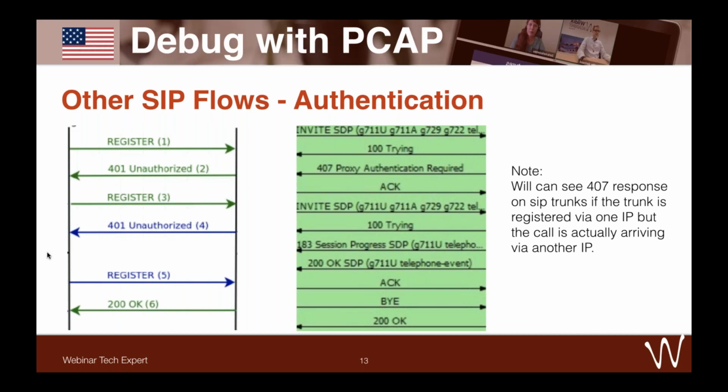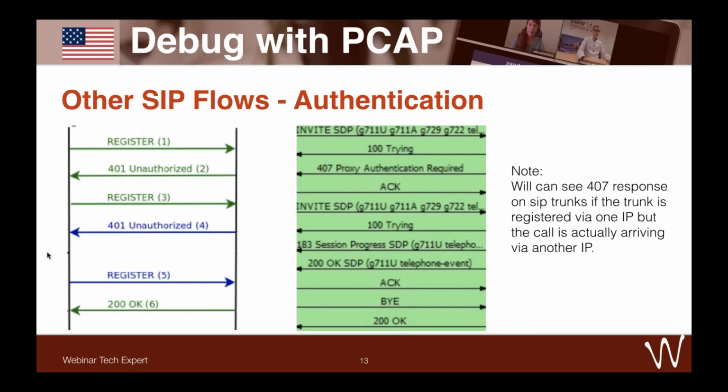Similarly, you can see authentication related things occur during a call. The flow shown on the right here is one where somebody has sent me an invite. I send a trying like usual. And if you recall previously, I would then see some sort of 180 or 183, something like that, and then a 200.